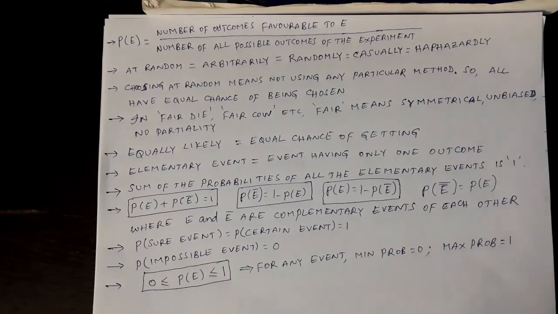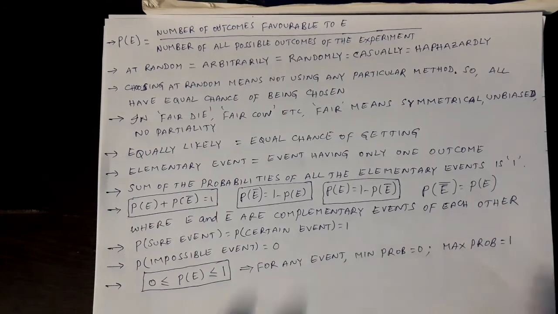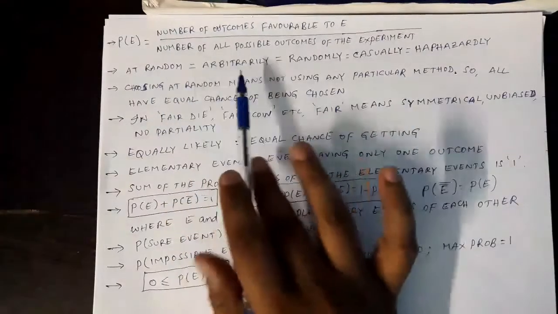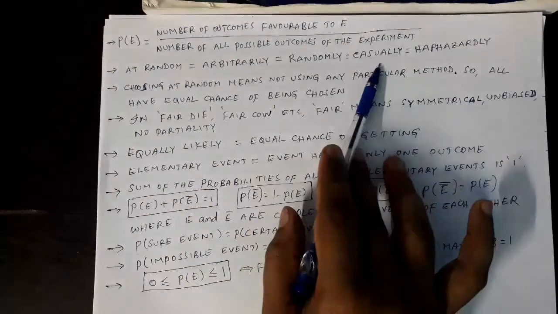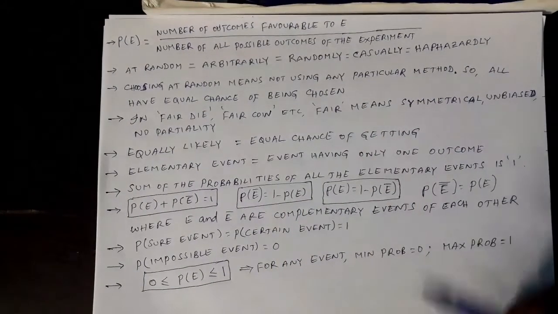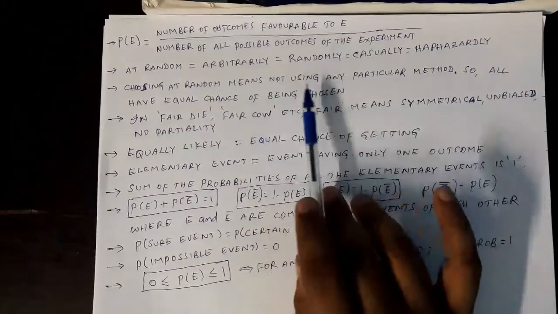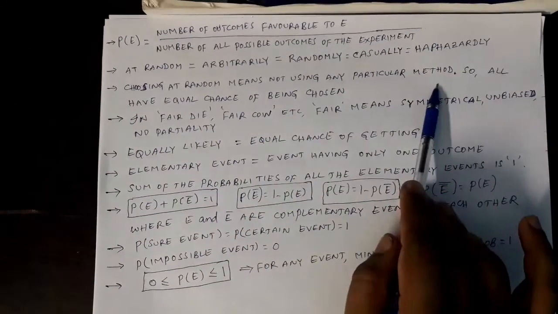In the same way, I have taken one pack of cards, one card out of pack of cards randomly, casually, all are same. At random means arbitrarily or randomly or casually or haphazardly. Choosing at random means not using any particular method. There is no partiality.